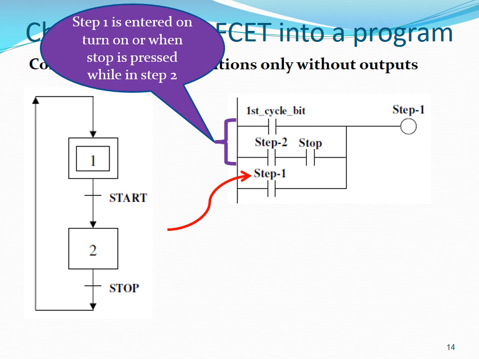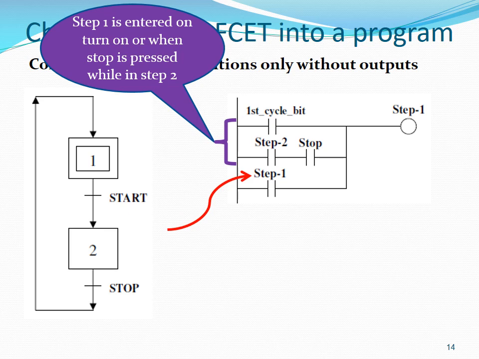The first line represents getting into step 1 when the PLC is first switched on. When a PLC is switched on, it gives out a bit that is only active during the first scan cycle of the PLC. This bit is called the first cycle bit.